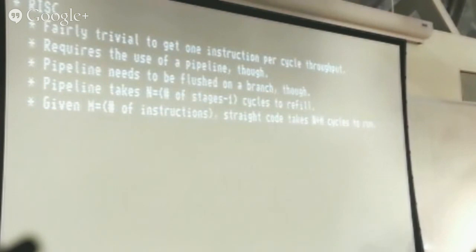And it does this with a pipeline. Now, a pipeline comes with problems. Not so much with straight ahead code. In fact, the pipeline with straight ahead code is pretty much transparent. You can effectively ignore it. The problem with pipelines comes when you need a branch. And the deeper the pipeline, the bigger the penalty you pay whenever you branch.